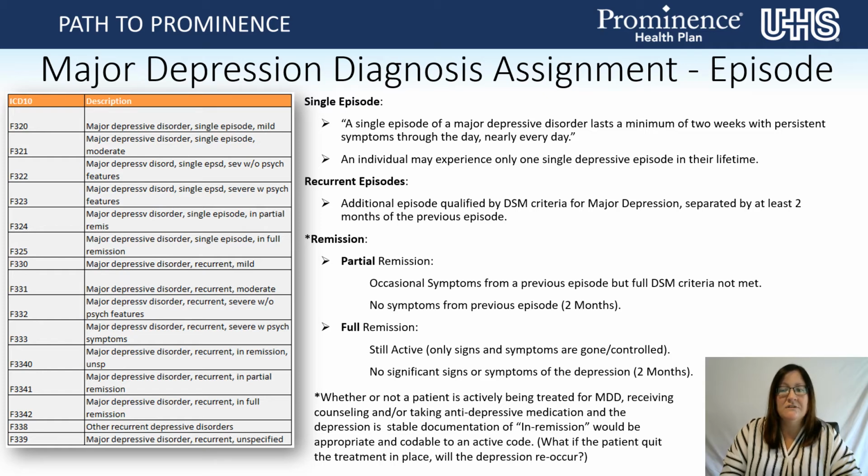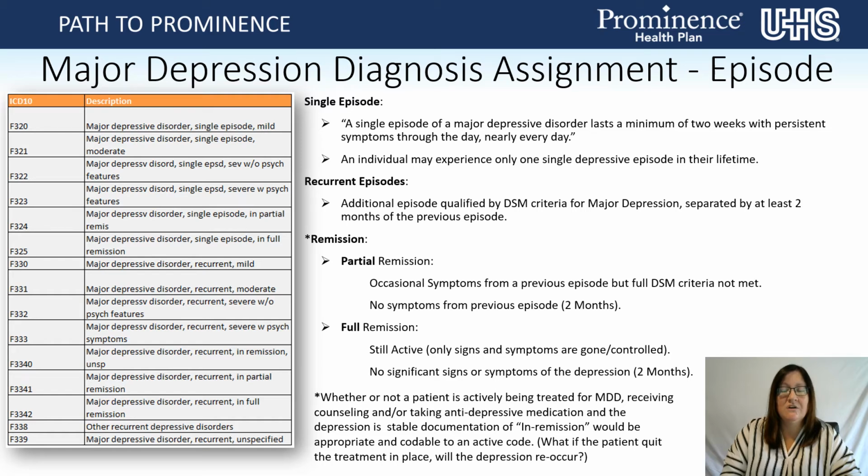Whether or not a patient is actively being treated for major depressive disorder, receiving counseling and/or taking antidepressive medication, and the depression is considered stable, documentation of quote-unquote in remission would be appropriate and codable to an active code. The question remains, what if the patient quit the treatment that was in place or quit taking the medications?